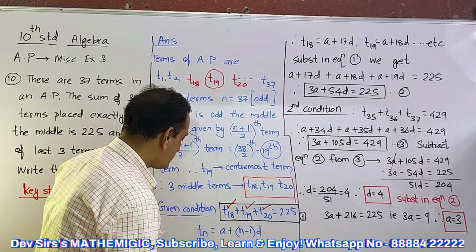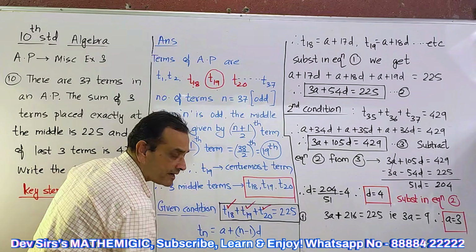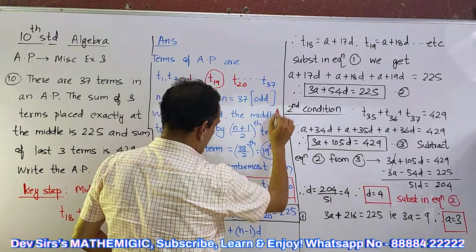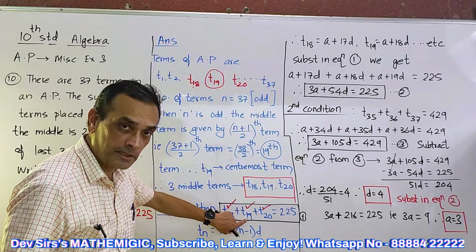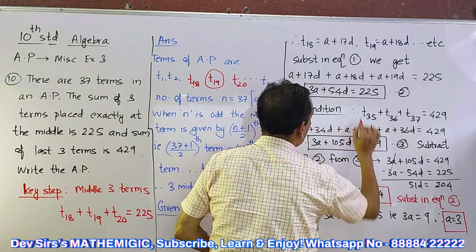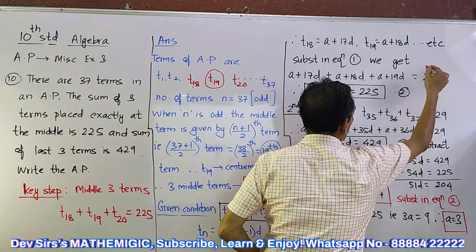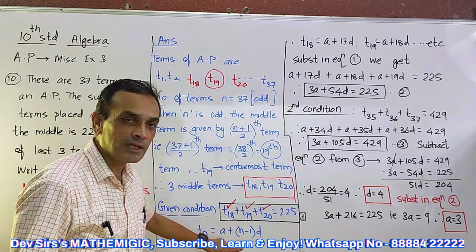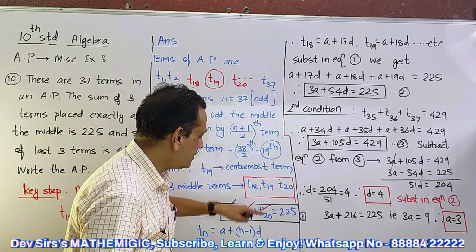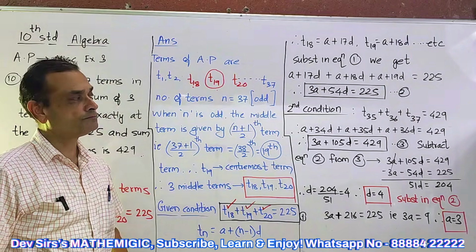So I just substitute these values over here. T18, ये फॉर्मूला यहाँ पे यूज करने के बाद क्या आ गया है? T18, a plus 17d, plus T19, a plus 18d, plus T20, a plus 19d equal to 225. That is the first condition. एक बार ये फॉर्मूला लिखो और go on reducing by 1. Clear?